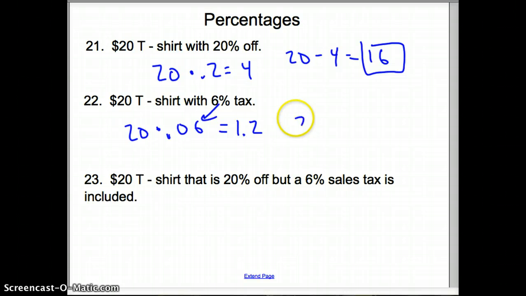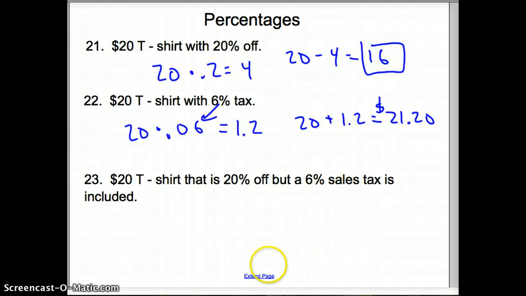You add it, so it's 20 plus 1.2, which turns out to be $21.20. Now this last problem in your group, I want you to discuss, to think what you have to do with this $20, 20% off, but 6% sales tax at the very end.